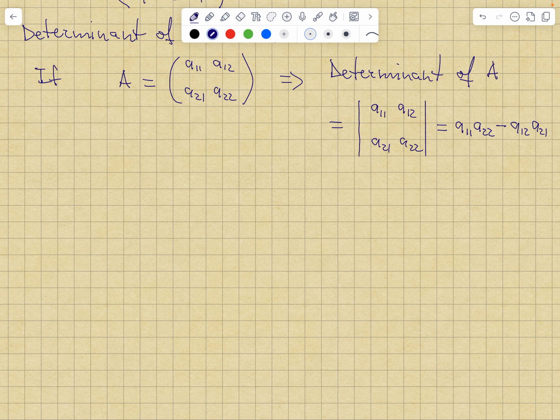And if A is a 3 by 3 matrix, so A11, A12, A13, A21, A22, A23, A31, A32, A33, then its determinant is defined as follows. So again, it's the same table but with the straight lines.